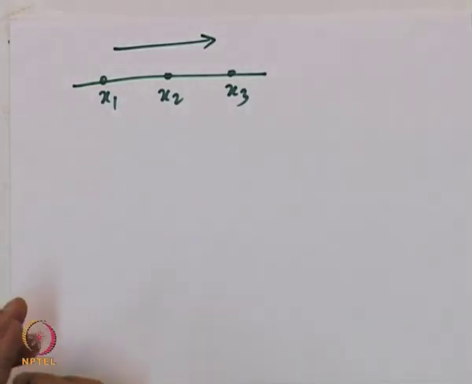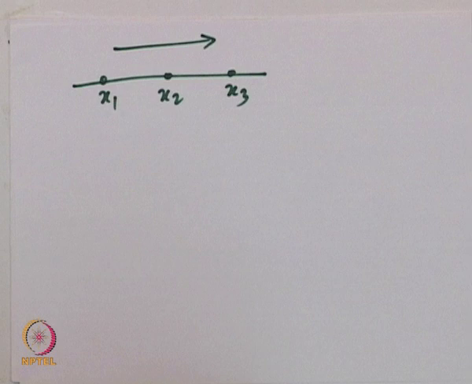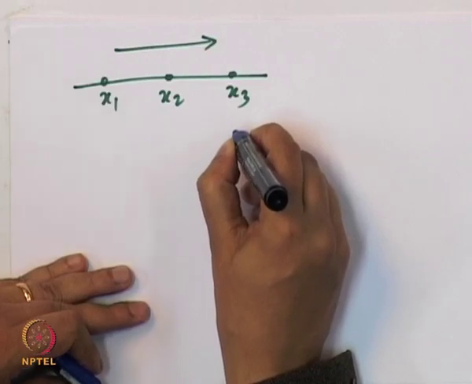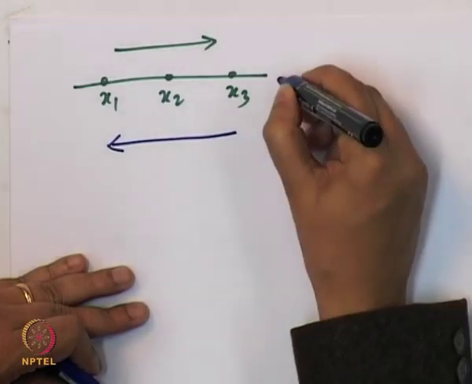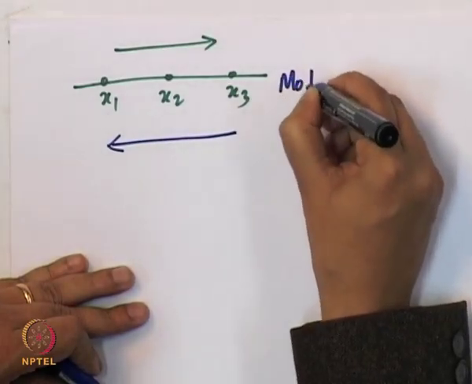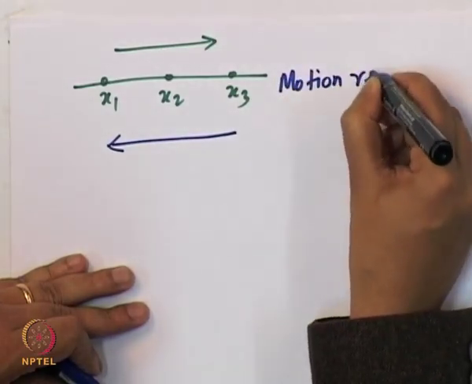In other words, we are going to change the order in which the points are going to be seen by the object that is moving. So x2 will be our starting point and we are moving towards x1. So this is the concept of motion reversal.